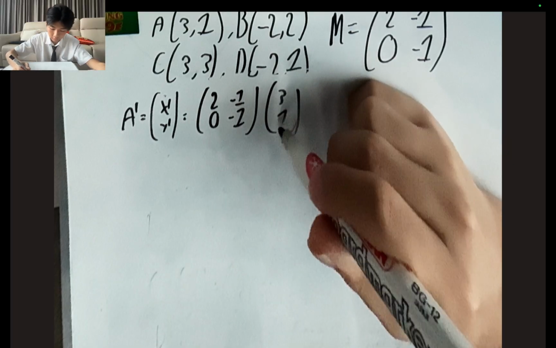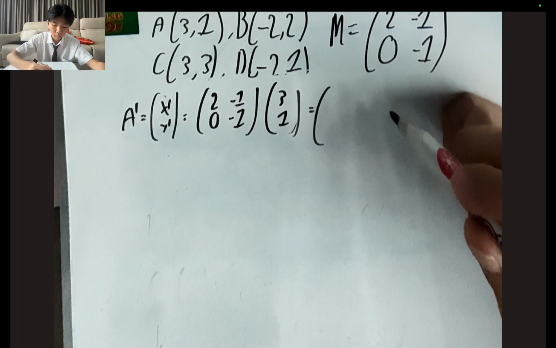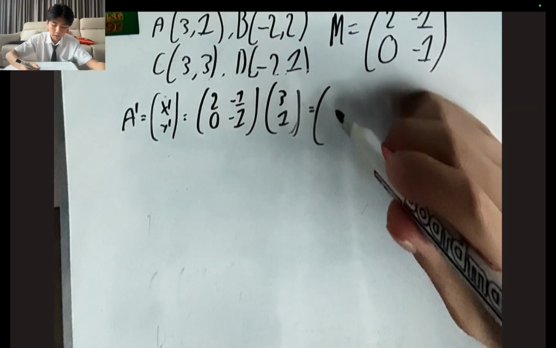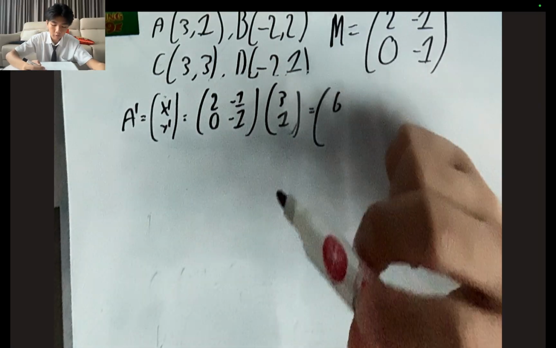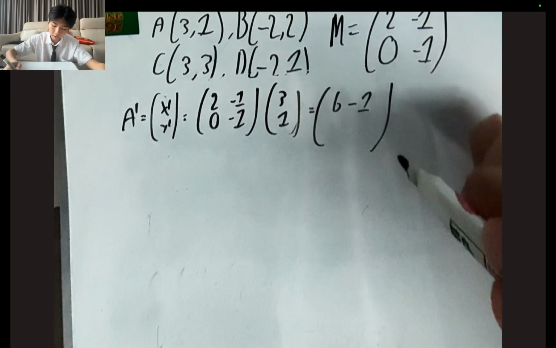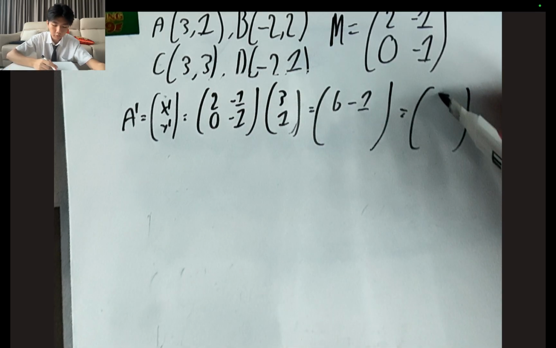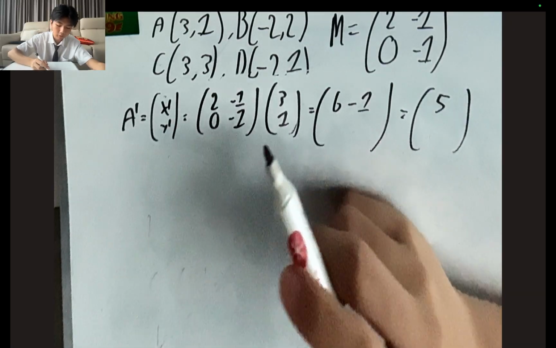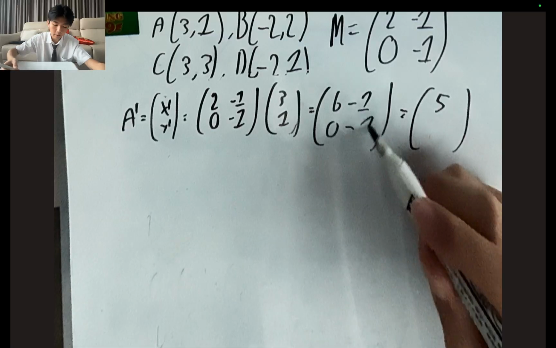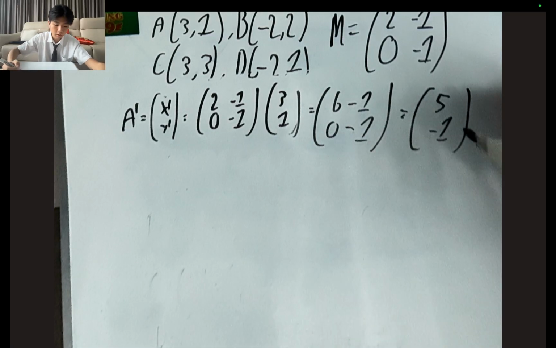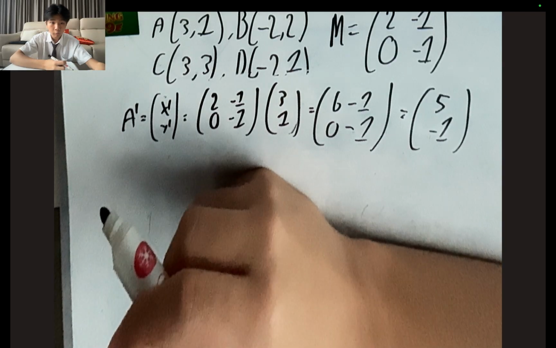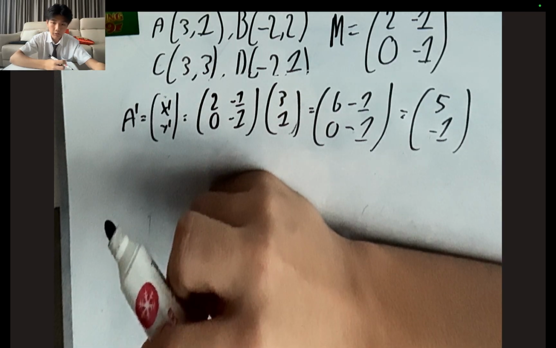As a result, 2 multiplied by 3 is 6, added by -1 times 1 equals 5, and 0 times 3 is 0, -1 times 1 is -1. So the point A' is 5, -1. And to find all of the others, we simply do the same steps again.